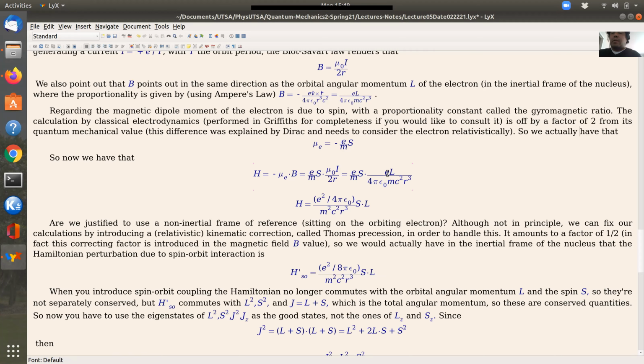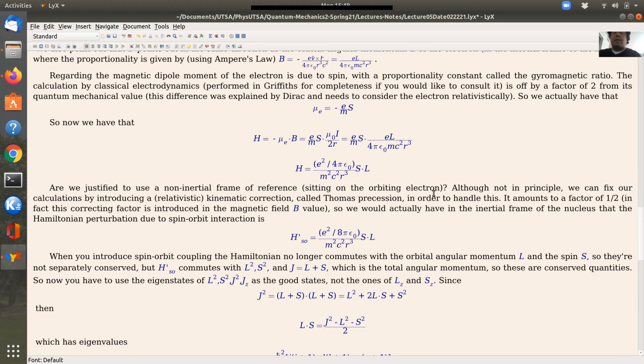And some constants will go out, you can factorize them, and of course you have some dependence on the radius of the circling orbit. This is the 1 over r cubed that is appearing in this case, although it's constant in the movement for the classical picture.